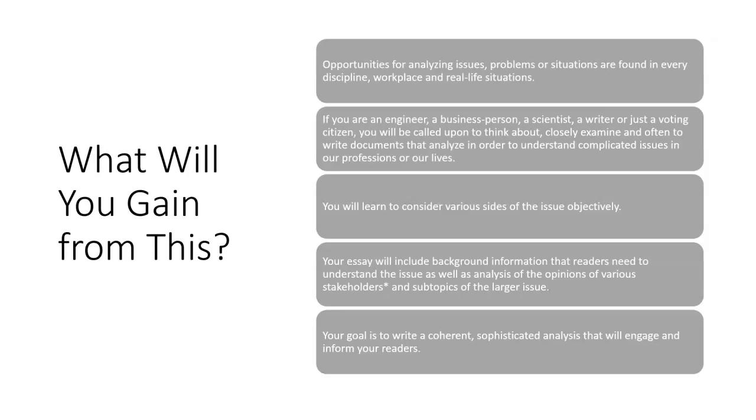Most students want to do an argument paper, not an analysis paper, because they already have an idea about how they feel about their topic, and they don't want to have to talk about the other side. Sometimes that other side is hard to cover, but when you work through this, you end up with a much stronger paper.